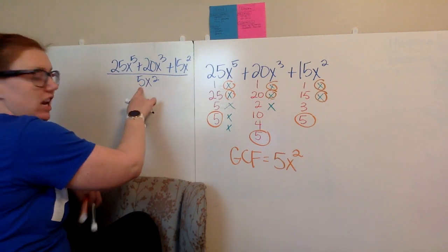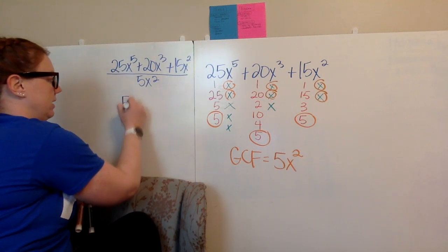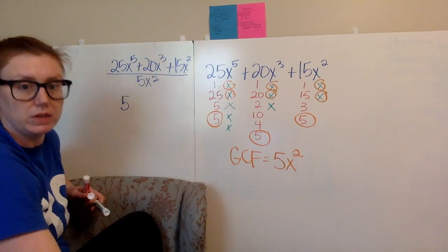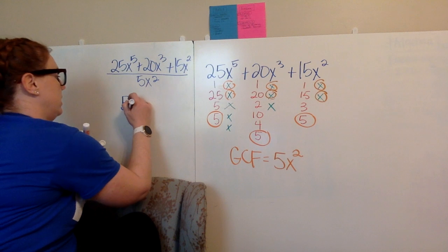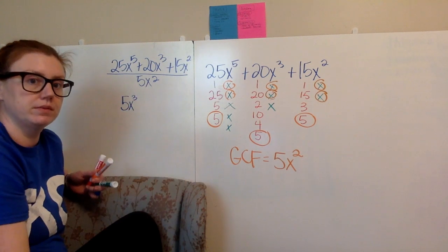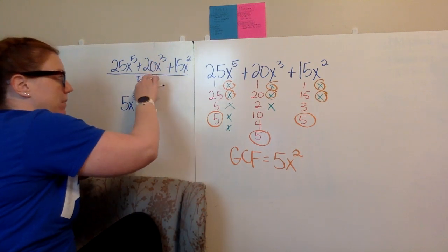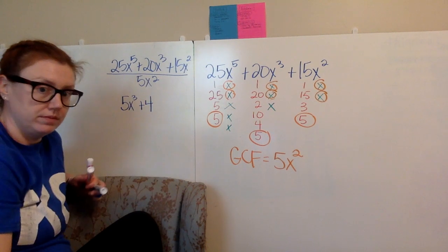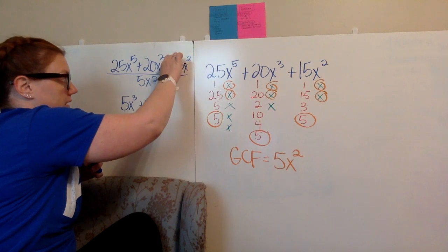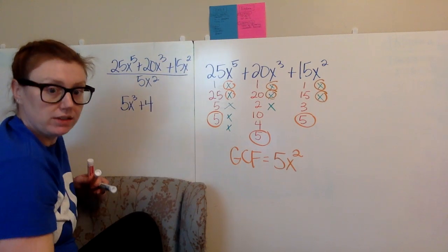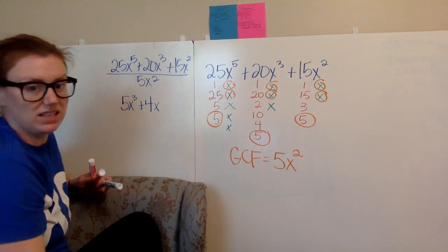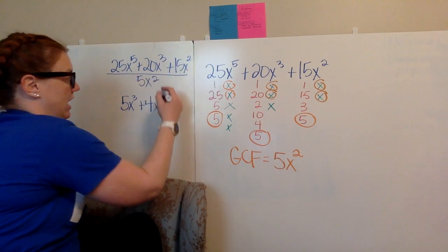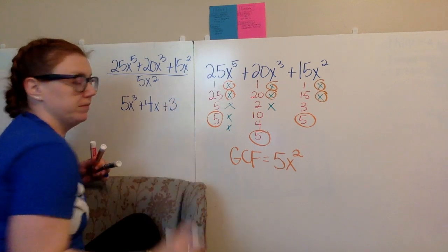Well, 25 divided by 5 is 5. And x to the 5th divided by x squared, we subtract our exponents, is x to the 3rd. And 20 divided by 5 is 4, positive. And x to the 3rd divided by x squared, we subtract our exponents, is just x to the 1st. 15 divided by 5 is positive 3.